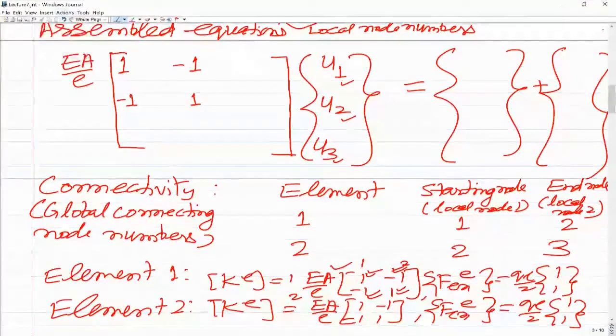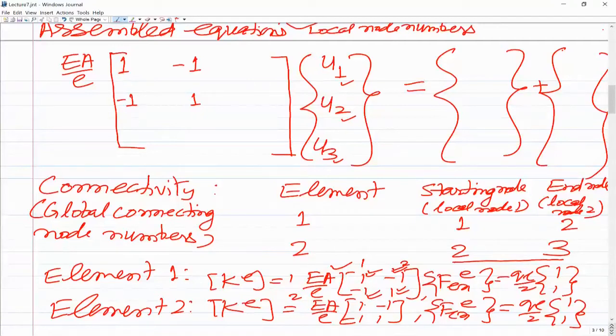Now coming to the second element. As per this connectivity table, the starting node is global node number 2 and the end node is global node number 3. That means for the second element, the first row will go to global row number 2, the second row to global row number 3, the first column to global column 2, and the second column to global column number 3.